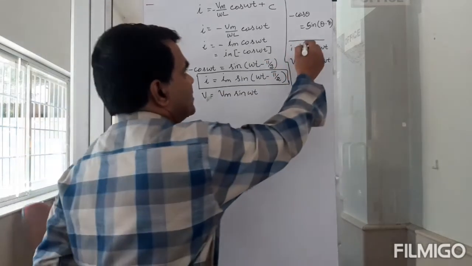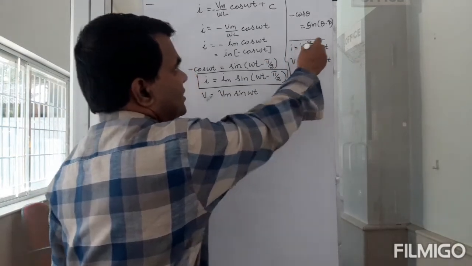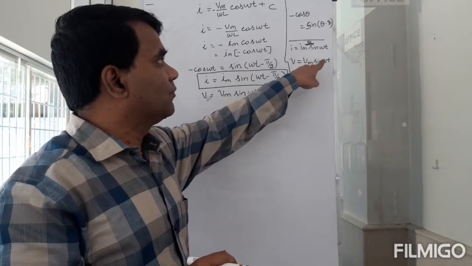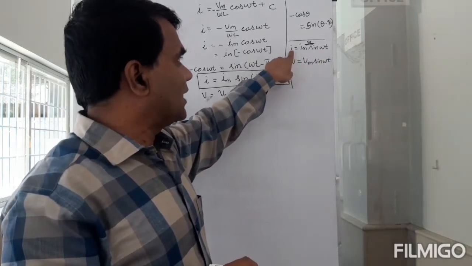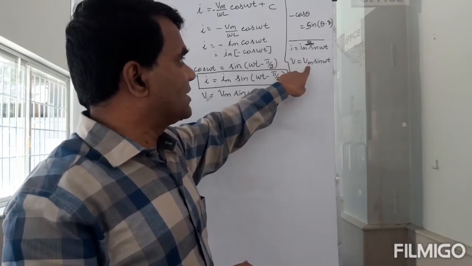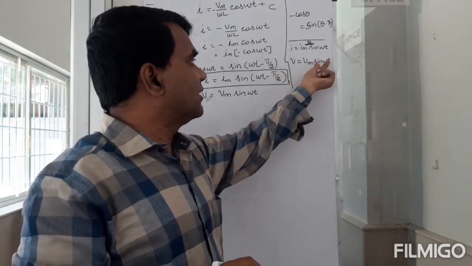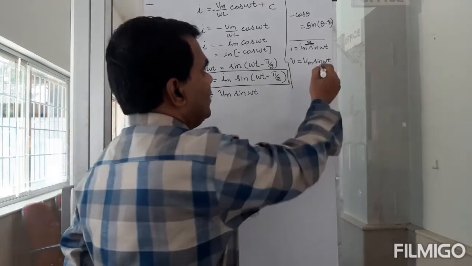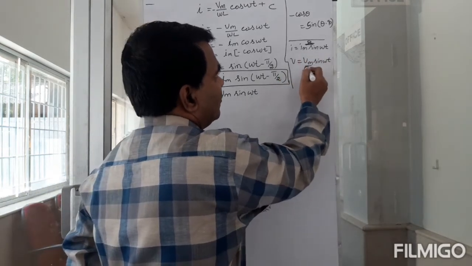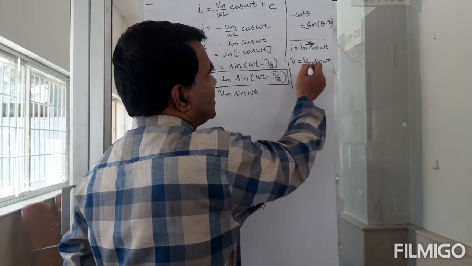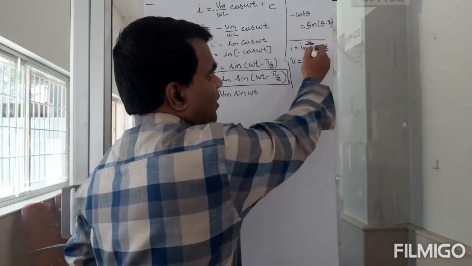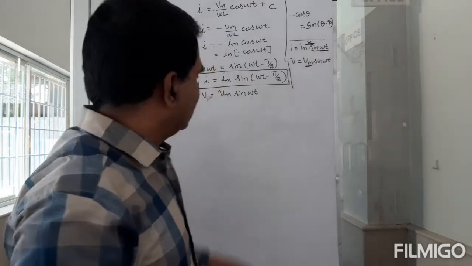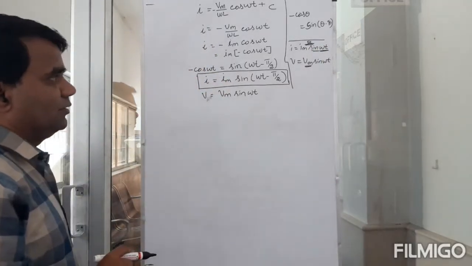But in the case of resistance, it was Im sine omega t, which means that I had its maximum when V had its maximum. If sine omega t was 1, then V was Vm, and I was Im. So that is not the same here.